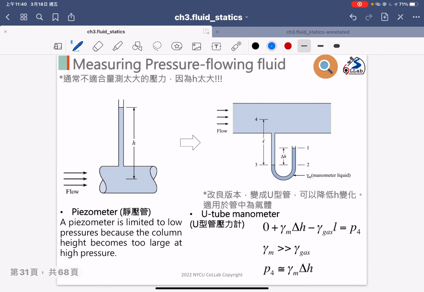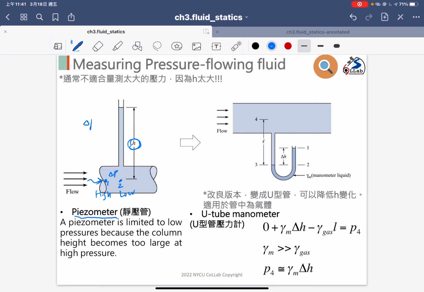And then if you put the tube inside the flow, you can get the deflection height. For this device, usually we call it the piezometer, 静压管, okay? And we know the height and the flow, and we know the pressure difference between point 1 and point 2. As I mentioned, usually point 1 is high and point 2 is low. And then the difference, delta P, is related to the H difference.